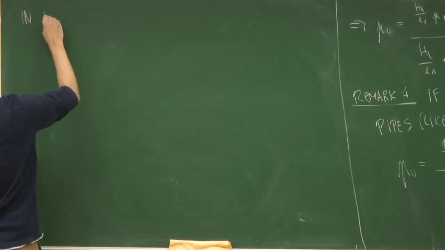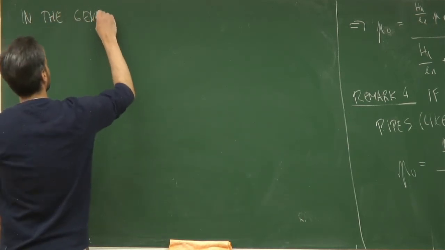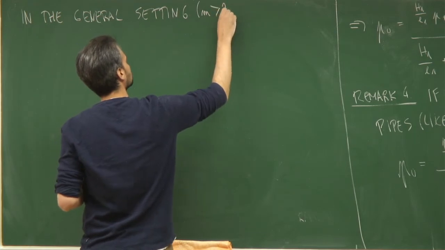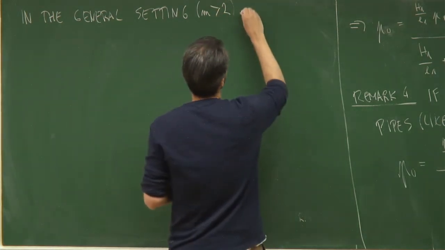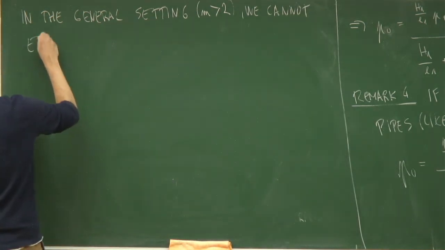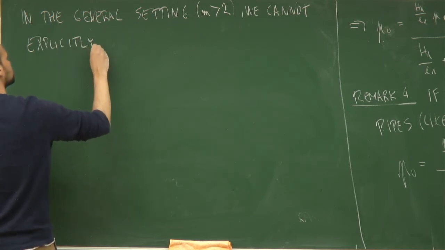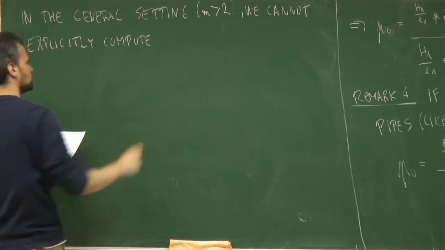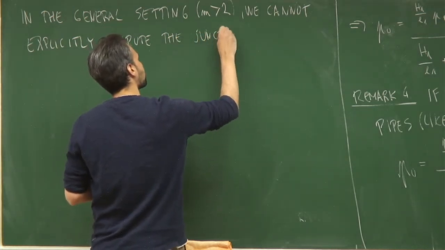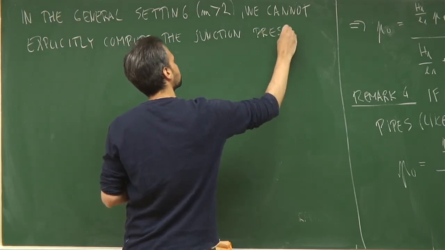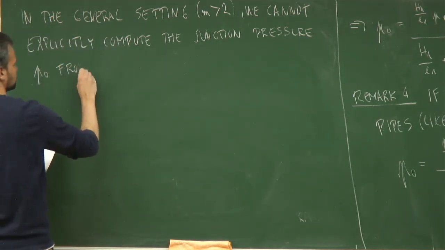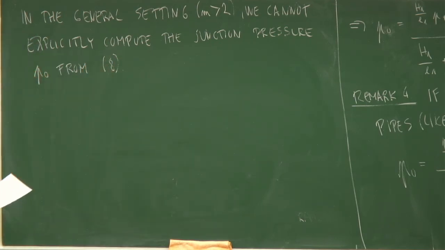So in the general setting, so this is m, which is bigger than 2, we cannot explicitly compute the junction pressure P0 from 8. Of course, when you're in the general setting, it's impossible.